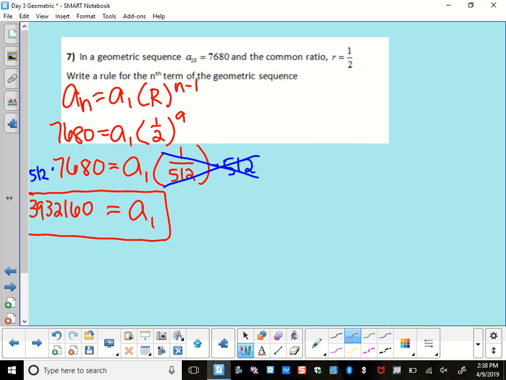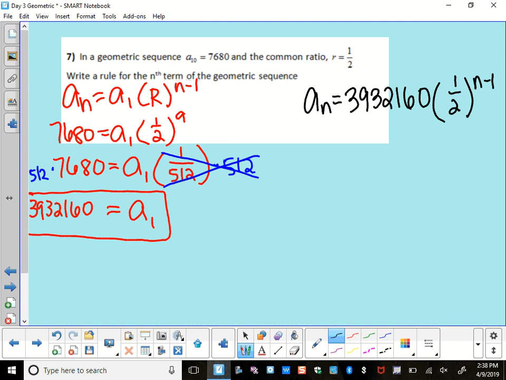So then if we had to write a rule, our rule would be this long number times my ratio to n minus 1. Just remember that whenever they ask you to write a rule, you need to have your n's. Don't plug in a number for it.